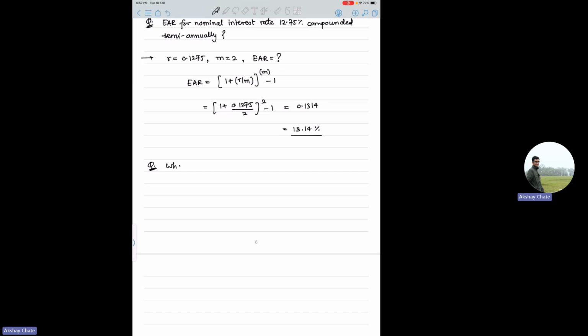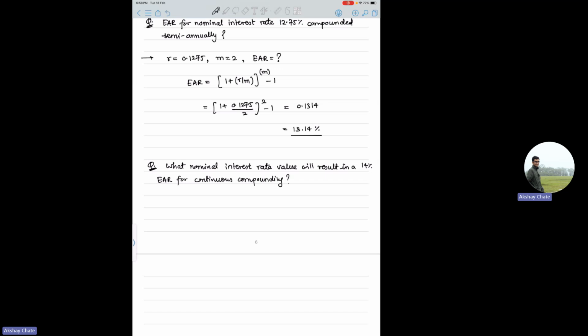So the question is, what nominal interest rate value will result in a 14% effective annual rate for continuous compounding.